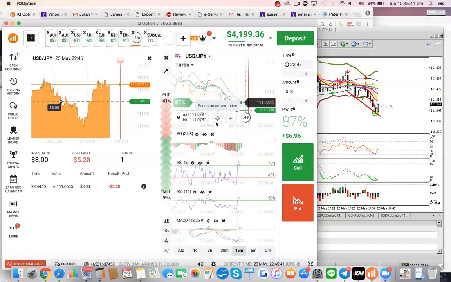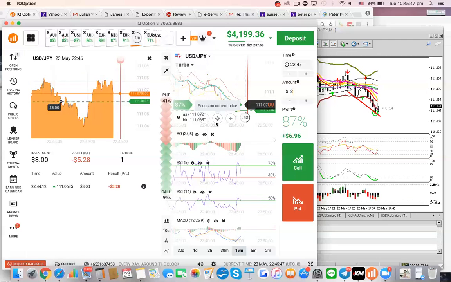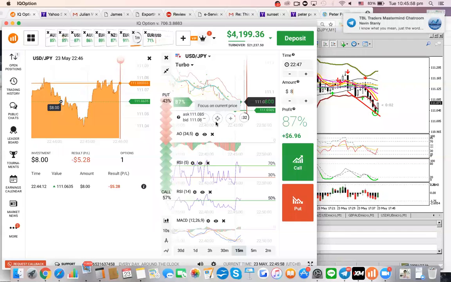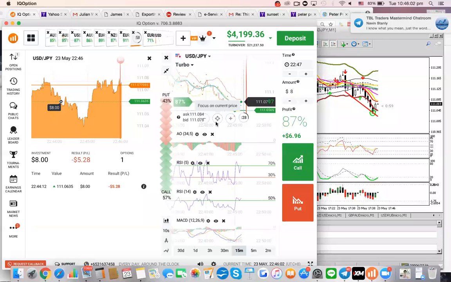Compoundable. Compoundable into the trade. That's what I meant. So we're doing a reverse martingale. We are increasing our trade size with every win.